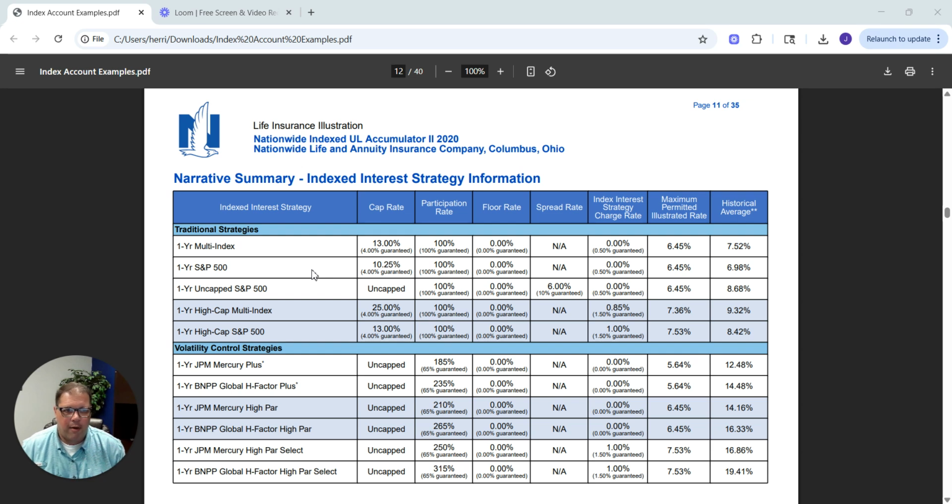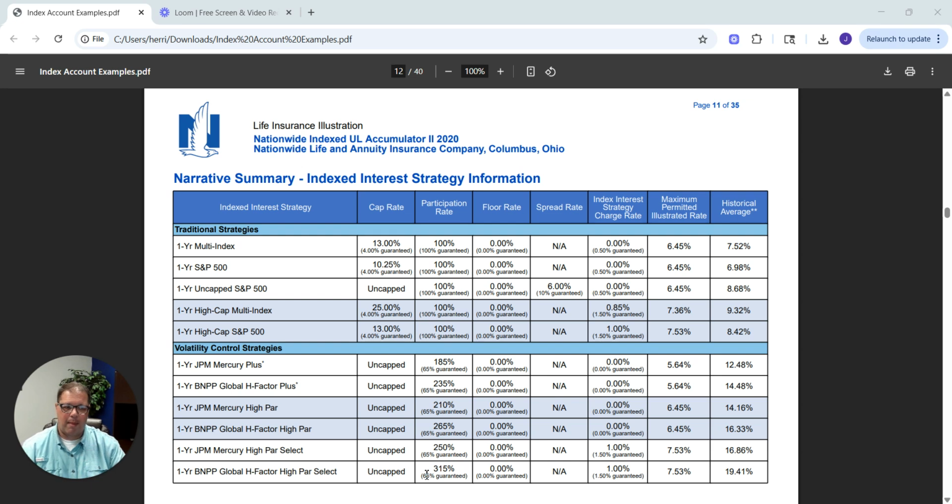Now, where every IUL carrier right now is trying to build the next greatest IUL is all in these volatility controlled strategies. And you can see all of these accounts are uncapped. All of these accounts have massive participation rates, right? 185, 235, 210, 265, all the way down to 315%.